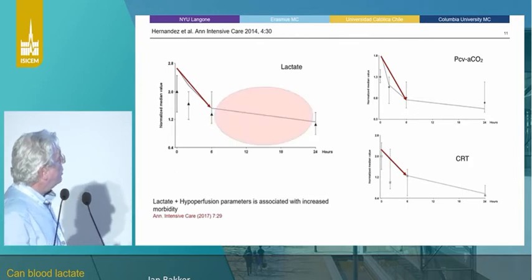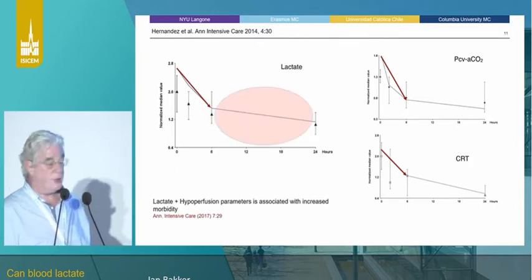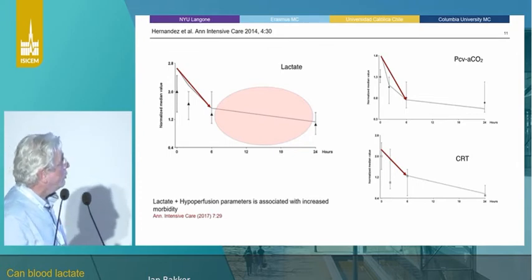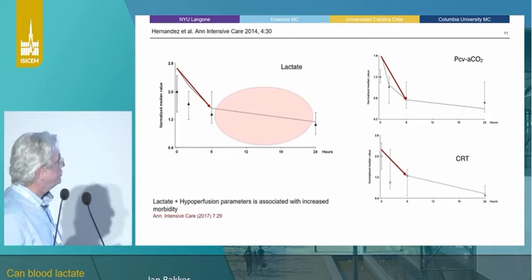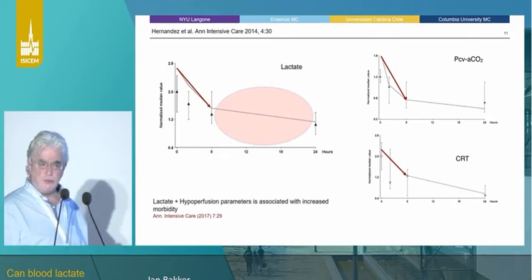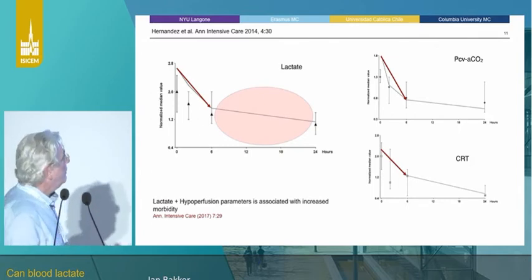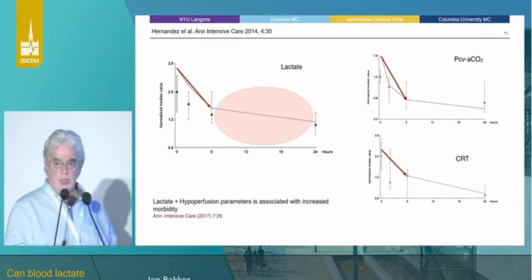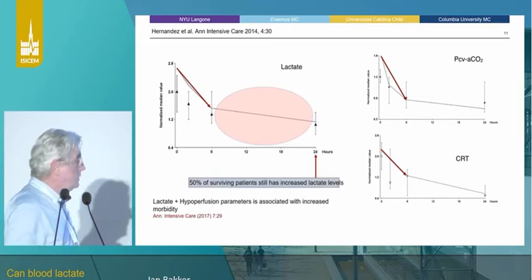And so the question is, is this really hypoperfusion? Because they don't have the markers anymore, because it's clearly almost normalized in the majority, and given the combination with this study, it's really the question whether after 6 hours there is really hypoperfusion causing an increase in lactate or a non-decrease in lactate.